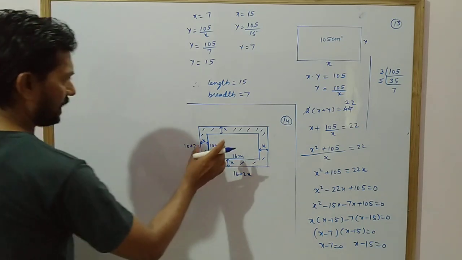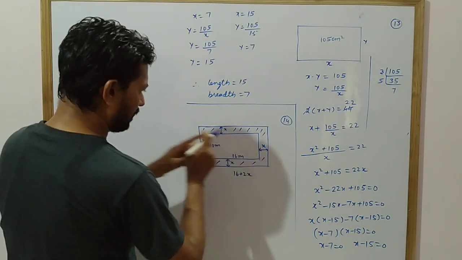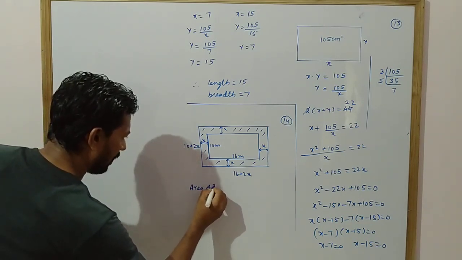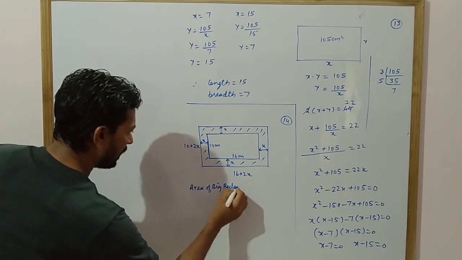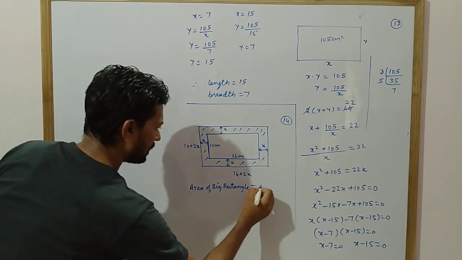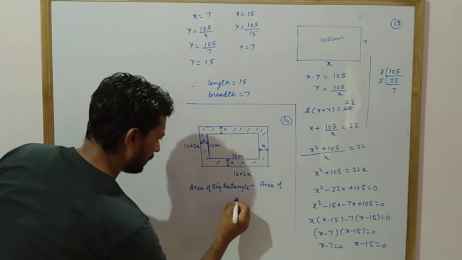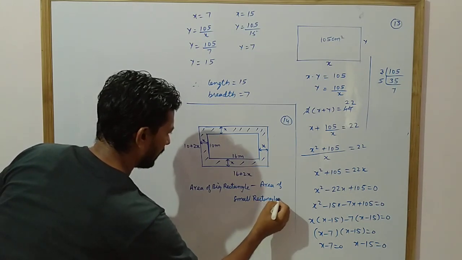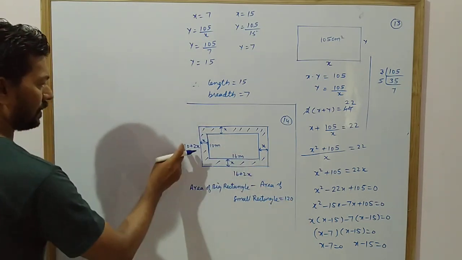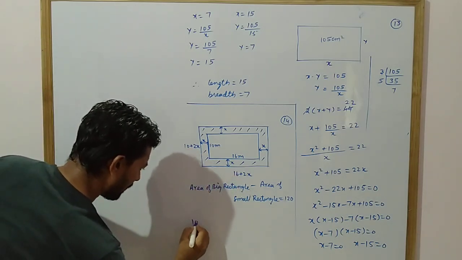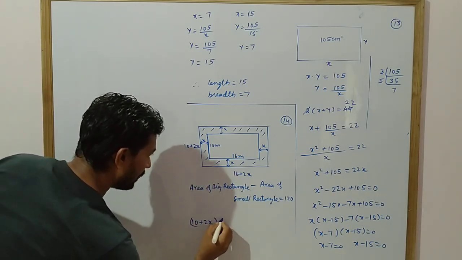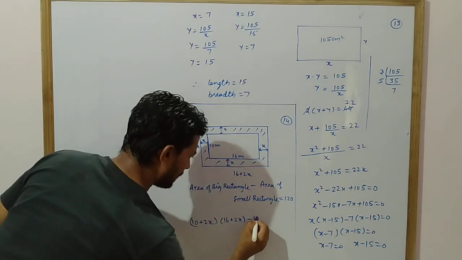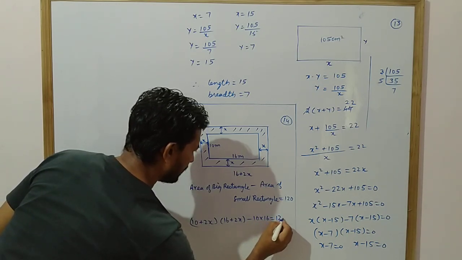So we can write area of the bigger rectangle minus area of the smaller rectangle equals 120. The area of the bigger rectangle is (10 plus 2x) into (16 plus 2x), minus the area of the smaller rectangle, 10 into 16, equals 120.